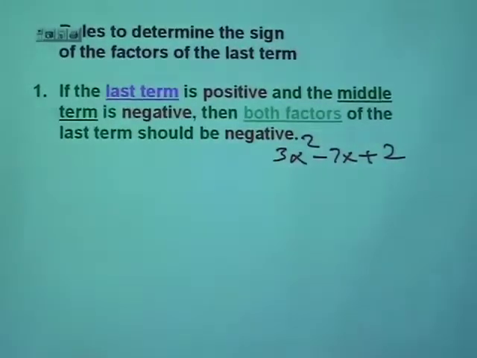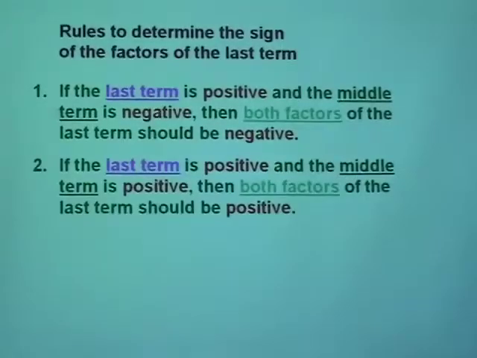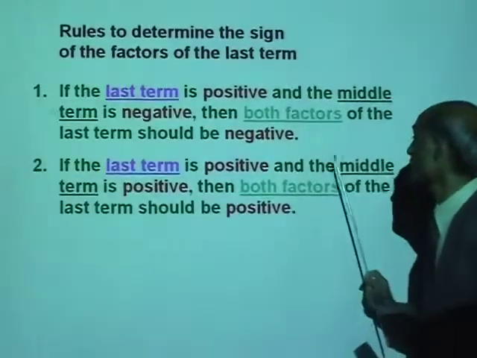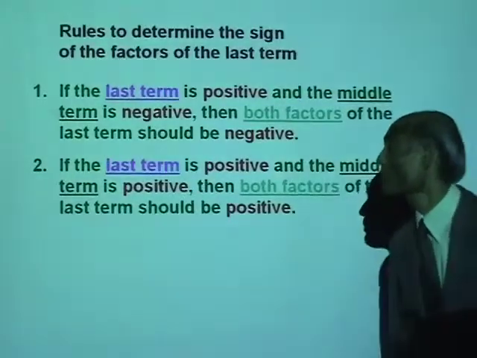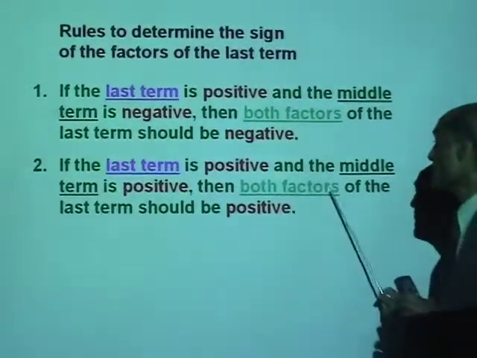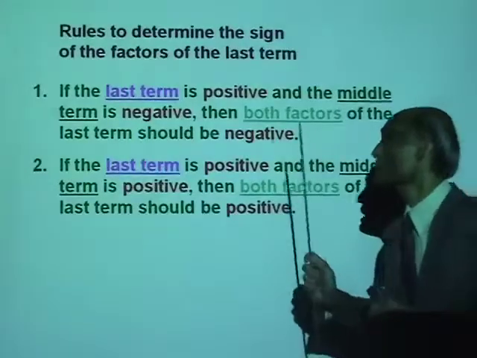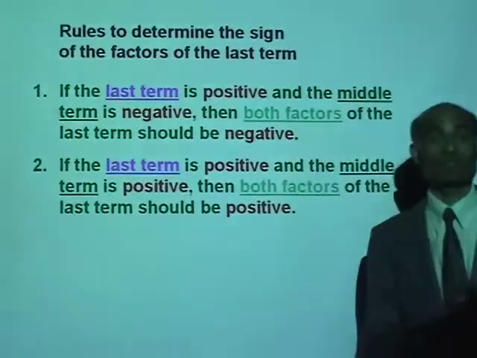Alright, let's now look at another one. The second rule: if the last term is positive and the middle term is also positive, then both factors of the last term should be positive.